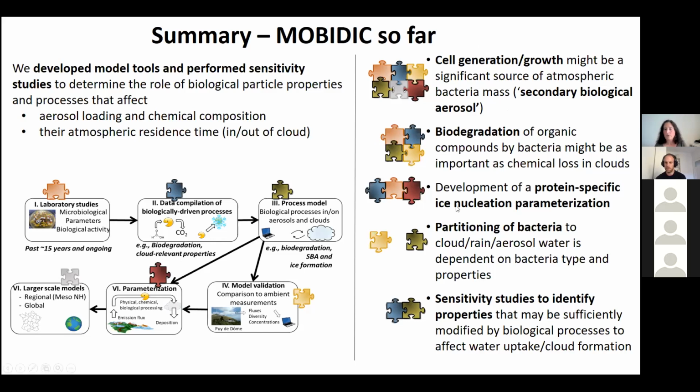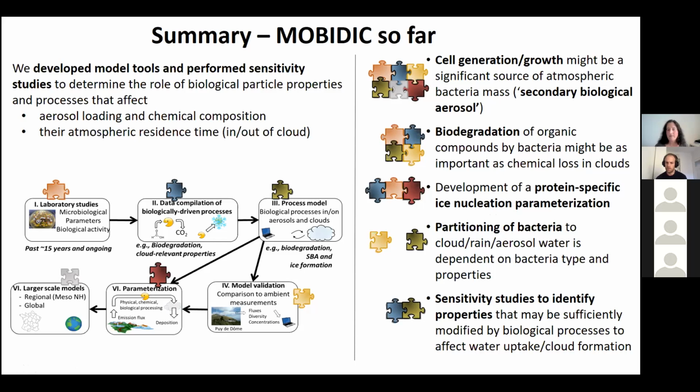We are currently trying to improve the ice nucleation parameterization for the bacteria proteins. We have this very interesting data on the different partitioning between cloud and rainwater samples. So we could probably explain it with the models, but we haven't really put the pieces together yet.